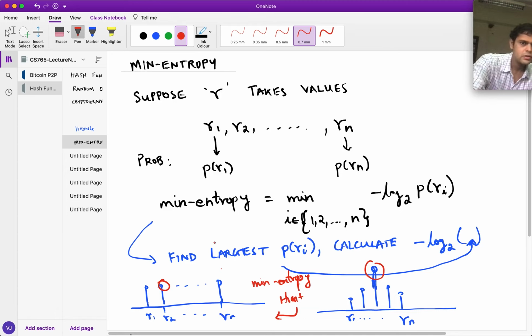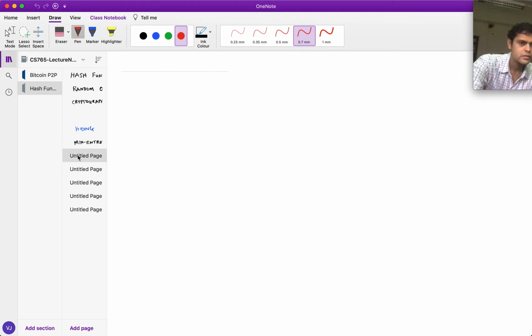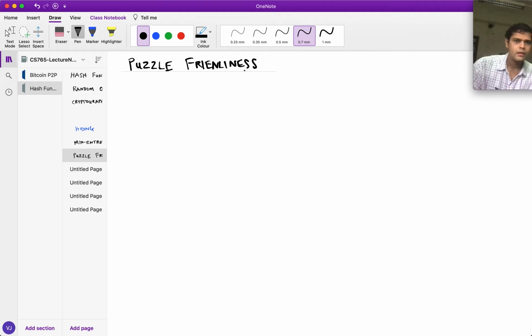So let's talk about a third property that we want, and this is called puzzle friendliness. This is a property used a lot in the consensus protocol which is called proof of work. So let me write down the definition.